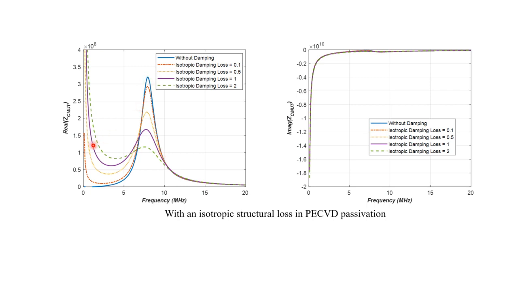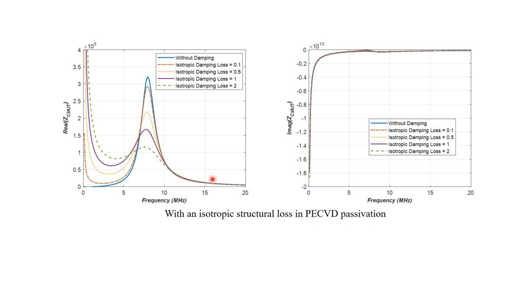So there's a wider bandwidth response, but the frequency response is like the real part is dropping. It's decreasing with increasing frequency. The imaginary part is capacitive throughout, and there's not much dependence of the capacitive part on the backing loss. But this is with isotropic electrical loss in the PECVD passivation.